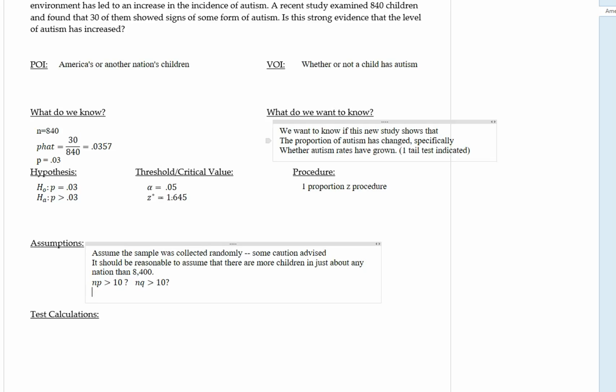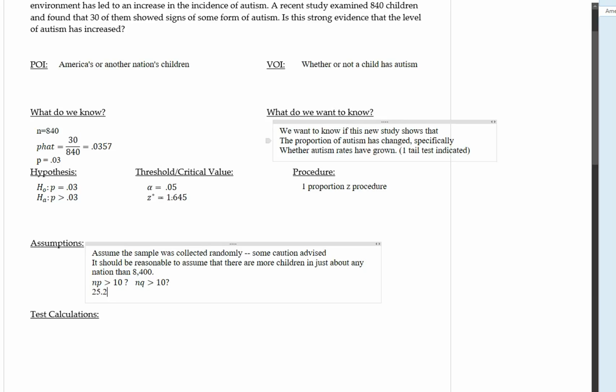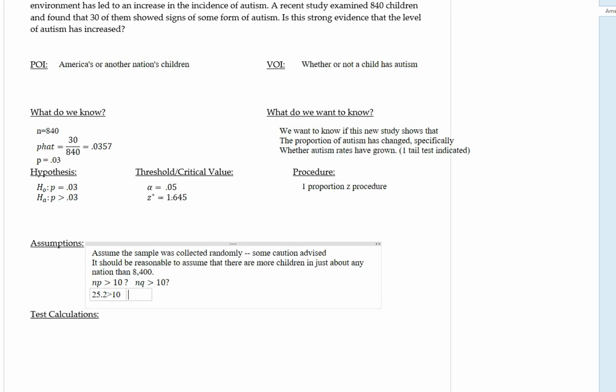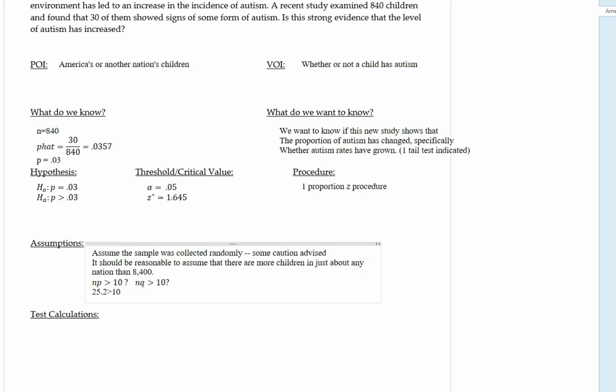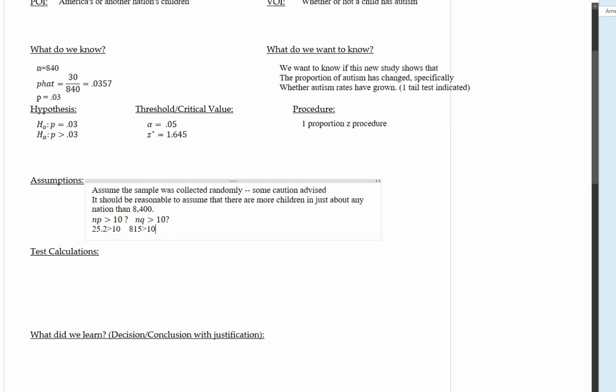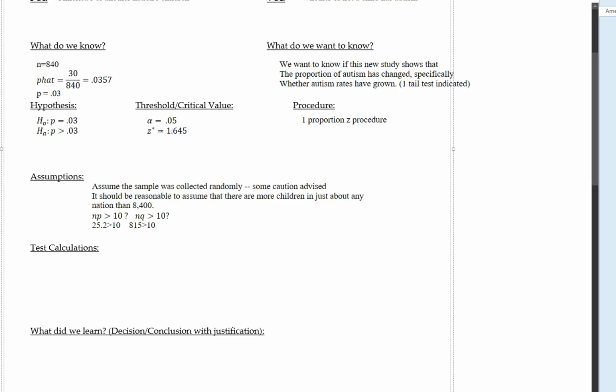That's going to be 25.2. Is that greater than 10? Yep. Good to go there. And then we've got 840 times 97%, which is of course good. But we'll write it down because you need to on the AP exam. If you didn't have these little things here with a nice check mark, it wouldn't count. So our assumptions are mostly safe, except for the randomization is a little bit fishy.